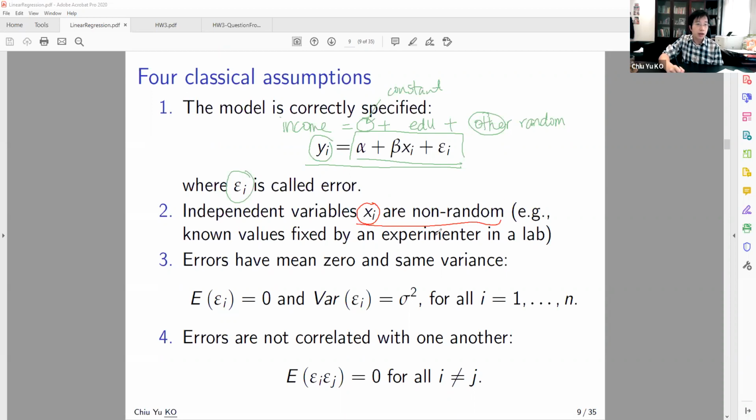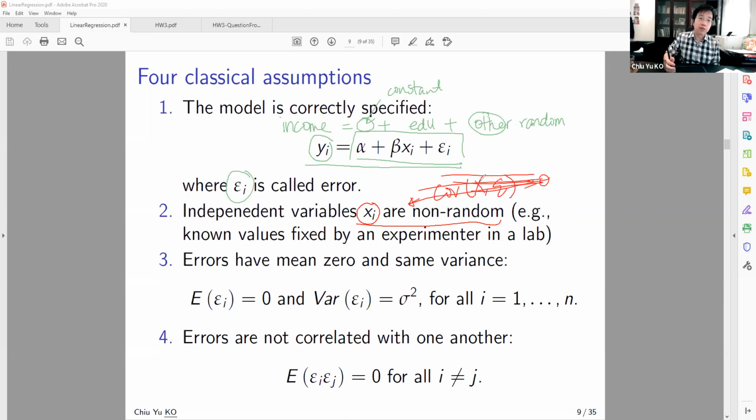And in later study, what it means is the covariance of x and epsilon is 0. They're uncorrelated. But anyway, we are not focusing on the more complicated one. The classical one just says x is more or less controlled in the experiment.